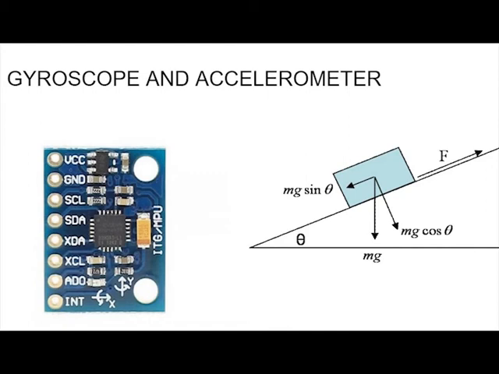The SCL and SDA pins are the serial clock and serial data pins, which are used for I2C communication between the microcontroller and the sensor. And the XDA and XCL pins are also serial data and serial clock pins.